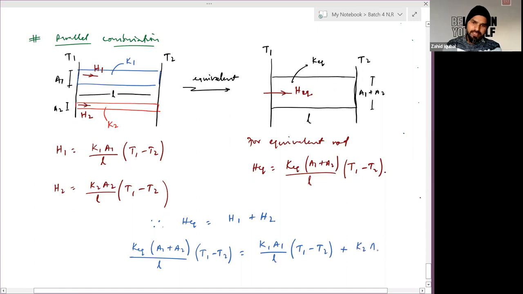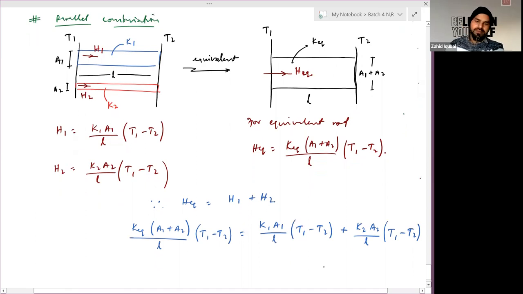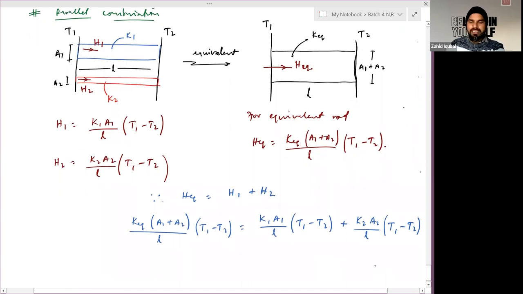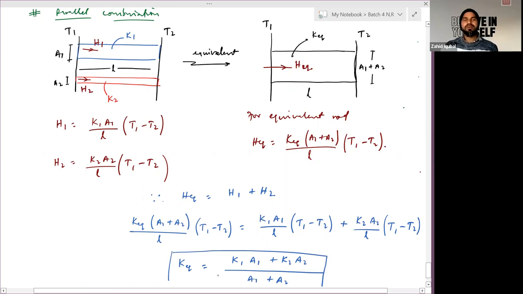H2 is K2 A2 divided by its length, times T1 minus T2. Now we have T1 minus T2 on both sides and L on both sides, so they will cancel out. You're left with K equivalent equals K1 A1 plus K2 A2, whole divided by A1 plus A2. So this will be the final formula for K equivalent in parallel combination.